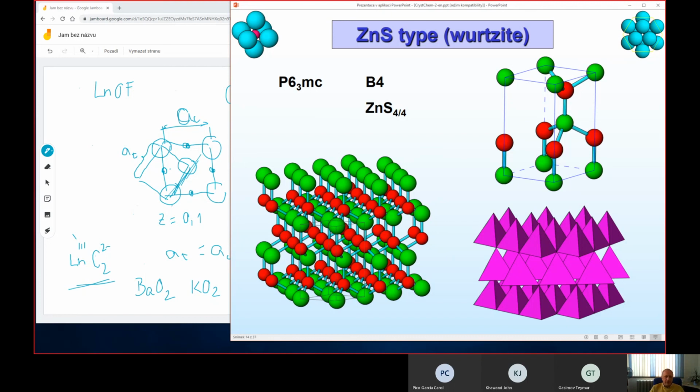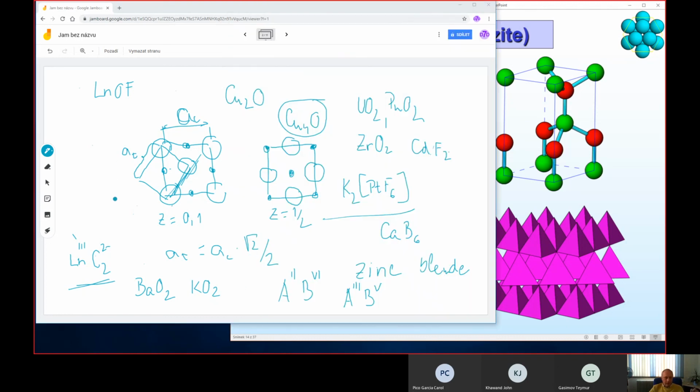For instance, for silicon carbide, which is also isoelectronic, we have both sphalerite or zinc blende and wurtzite polymorphs, but for silicon carbide we have also more complex patterns where zinc blende and wurtzite structures are stacked in a certain order along the c direction.